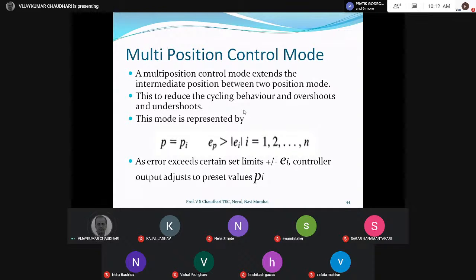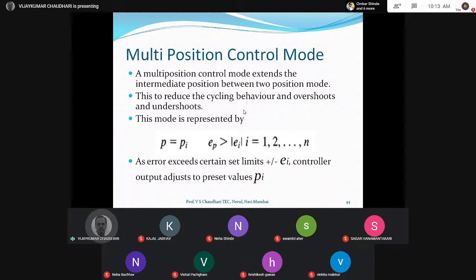Say we want the controller output to be 50% for a particular amount of error. So that step is added. If the error is within a certain range, then the output should be 50%, and if the error exceeds that range, it should be 100%.